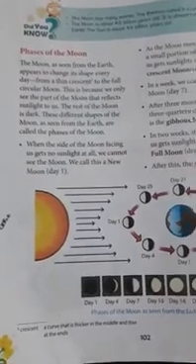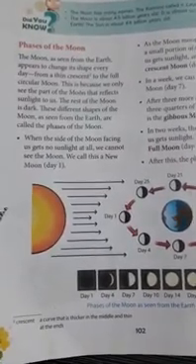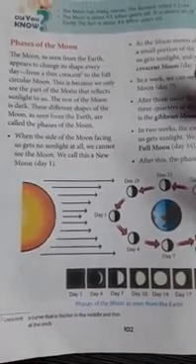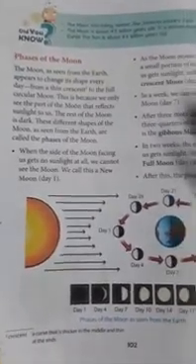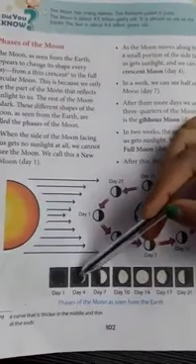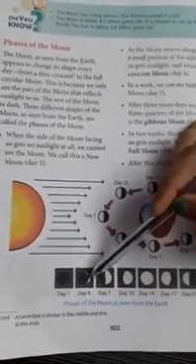Turn to the next page. The next topic is phases of the Moon. The Moon as seen from the Earth appears to change its shape every day, from a thin crescent to the full circular moon. You can see in this picture a thin crescent moon and a circular moon.